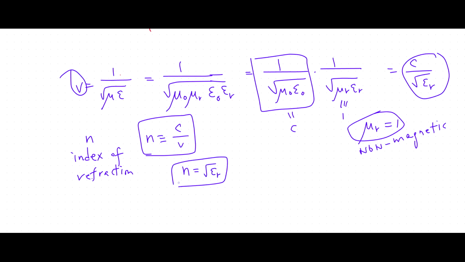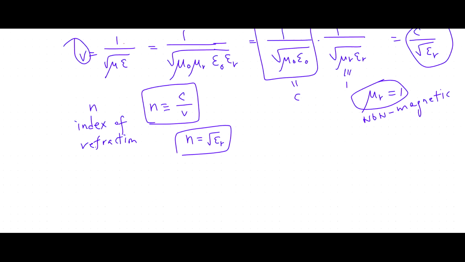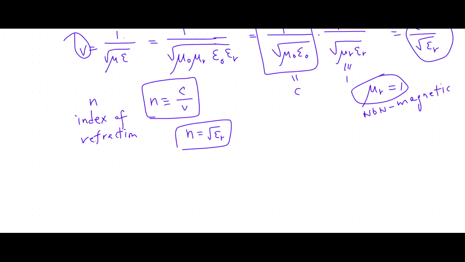So this relation is very useful. The reason is, if you understand these relations, you don't always have to go to what is mu naught, 4 pi times 10 to the minus 7, what is epsilon naught, 8.84 times 10 to the minus 12.